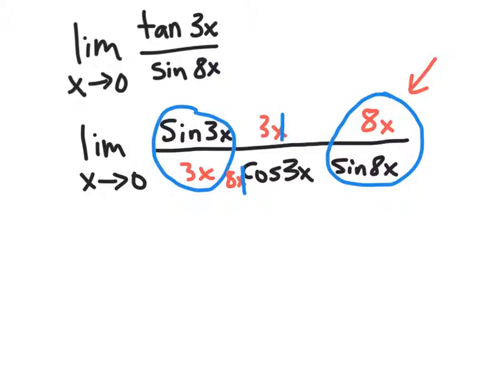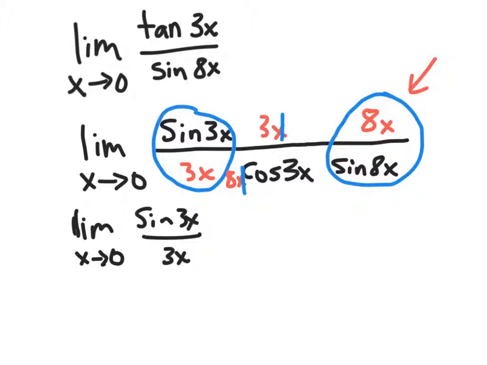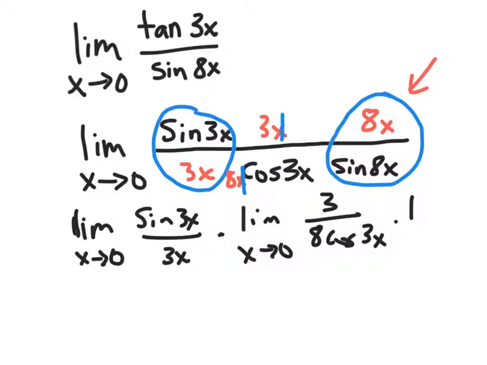So what we're left with is the limit of these three factors. We have the limit as x approaches 0 of sine 3x over 3x, and that's great news, that's going to make a 1, multiplied by the limit as x approaches 0 of this middle factor, which is 3 over 8 cosine 3x, times the limit of the right-hand factor, 8x over sine of 8x.